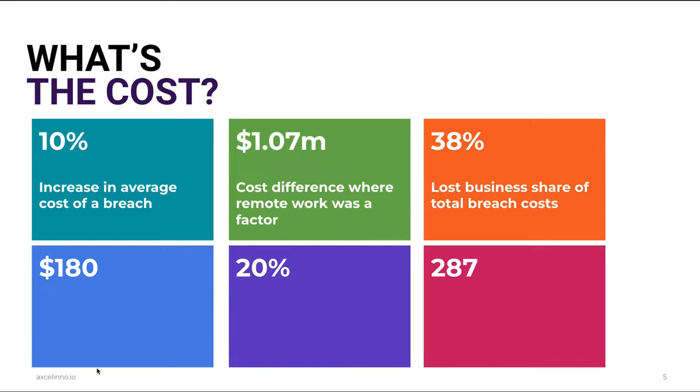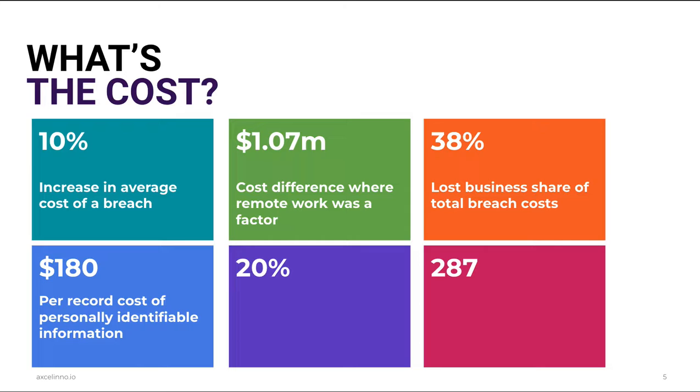So the next one is this $180, and that is the per record cost of personally identifiable information. Now, obviously, this depends really and truly on the industry. Some industries, this information is absolutely critical.